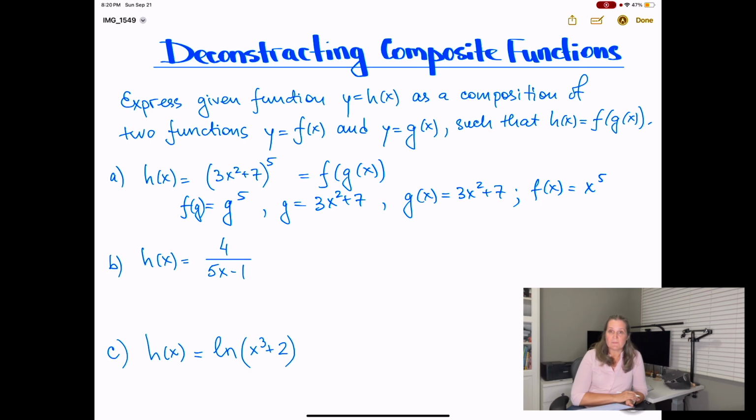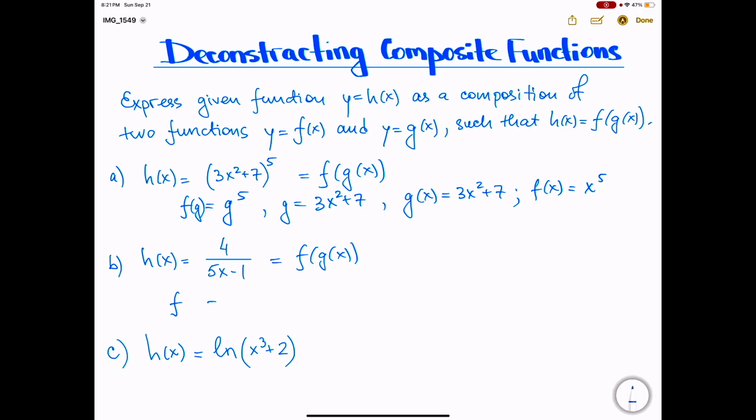Let's work on part b. Let's say h of x is equal to 4 divided by 5x minus 1. We can view function h of x as a composition function f of g of x. Let's say function f is equal to a quotient 4 divided by, and everything that's in the denominator I'll replace with the letter g.